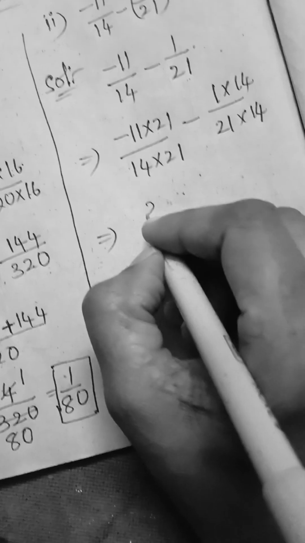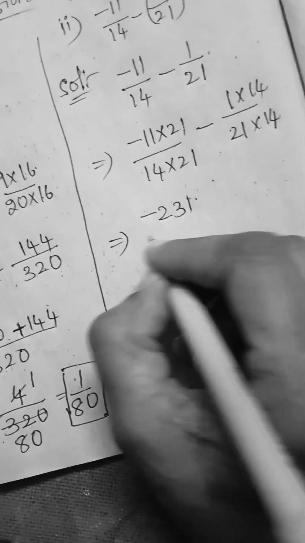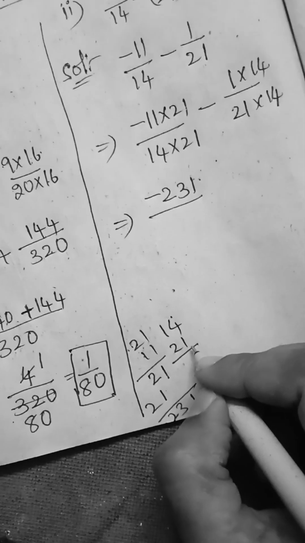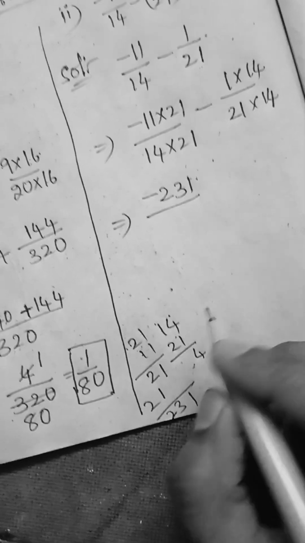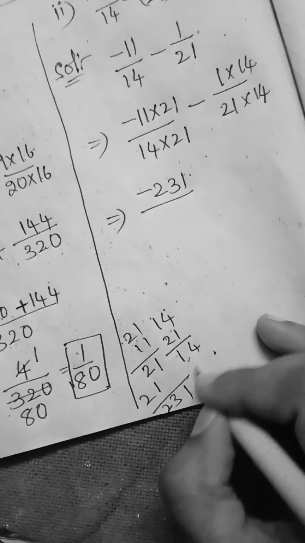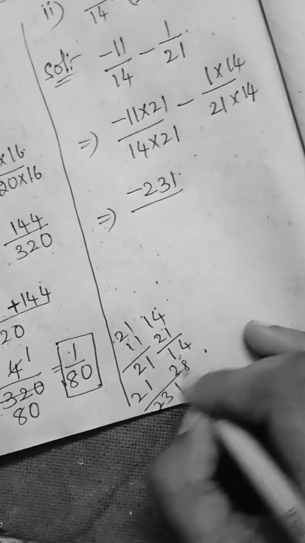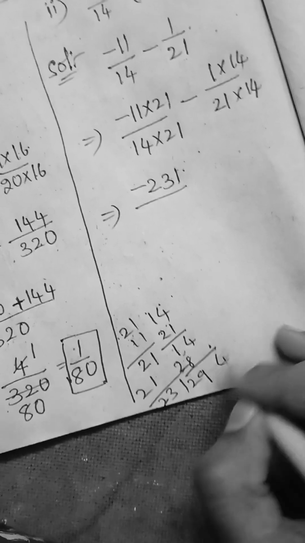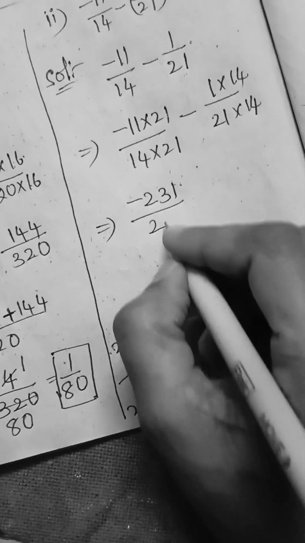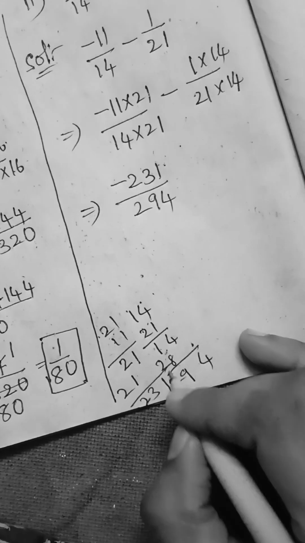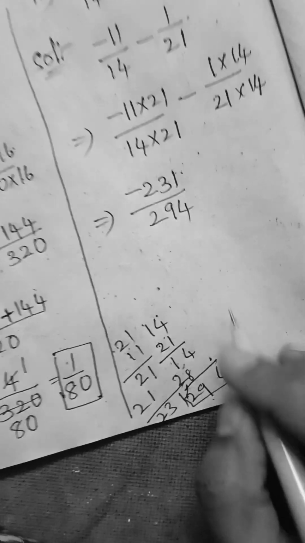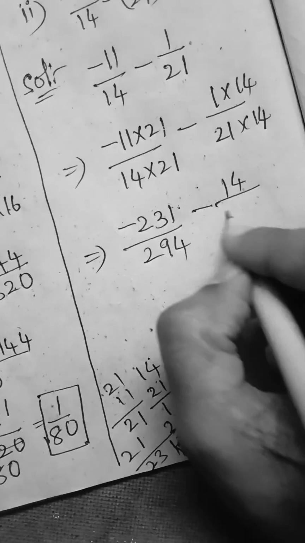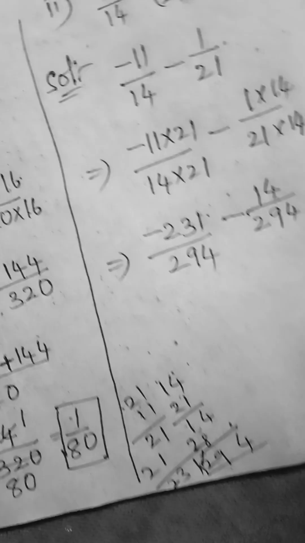Now, 231 minus 14, 21. 14 into 21. 1 fours are 4. 1 ones are 1. 2 fours are 8. 2 ones are 2. What is the number? 294. So 294, as it is now.